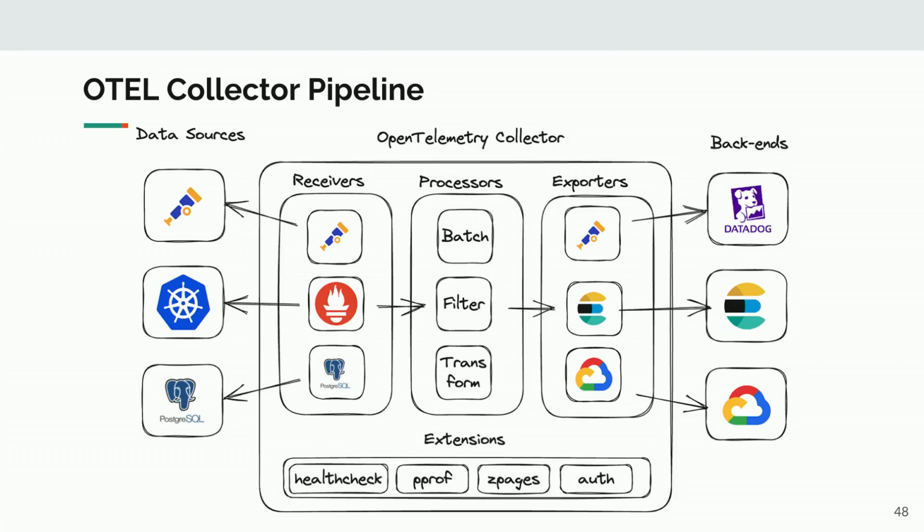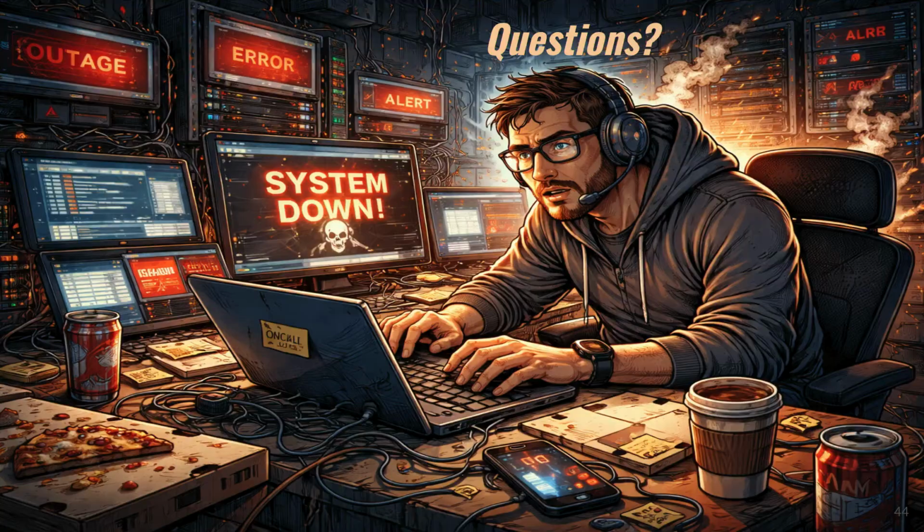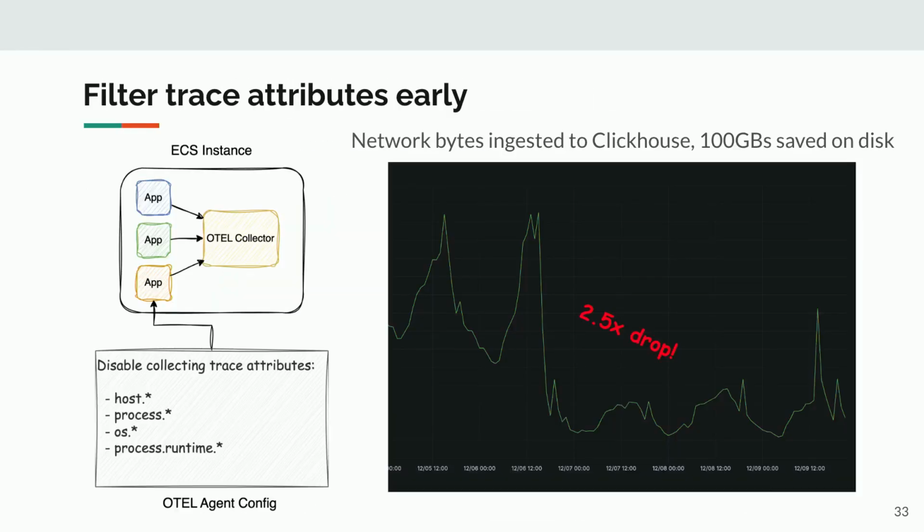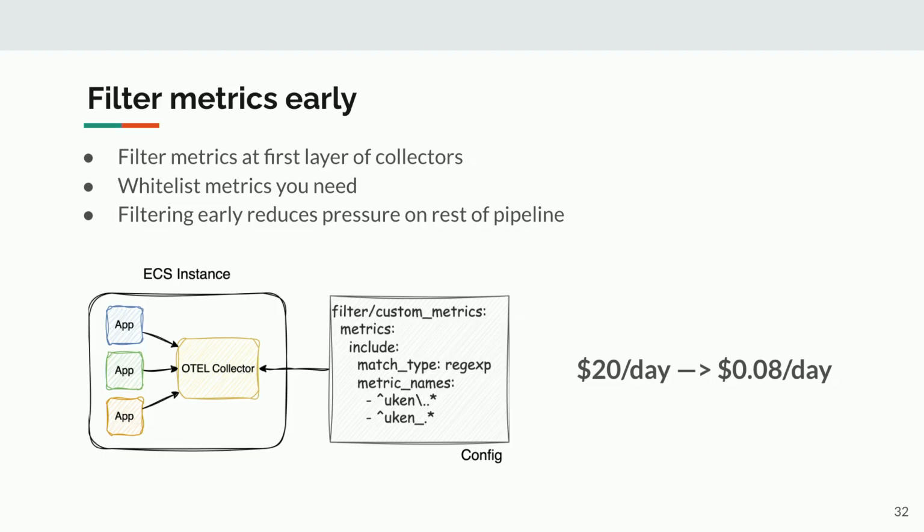And then processors are always in memory transforms or filtering, right? So if you want to exclude certain traces, like we saw on the previous slide, you could write a filter processor, add it to your pipeline between your receiver and your exporter, name it something, say custom metrics, and then use the pre-configured options that processor supports. Whoever wrote that Golang component exposes these configurations for you.